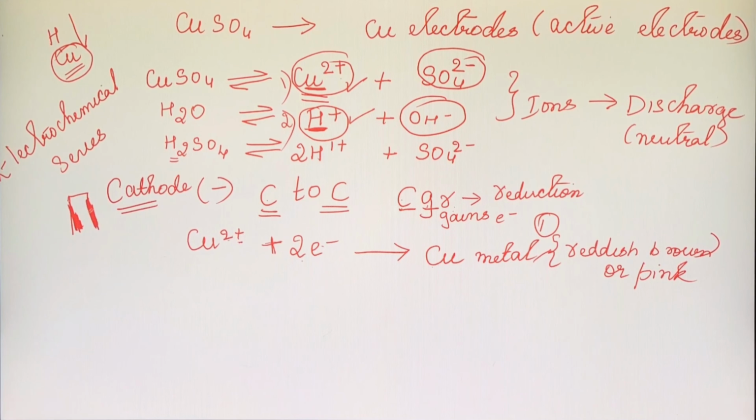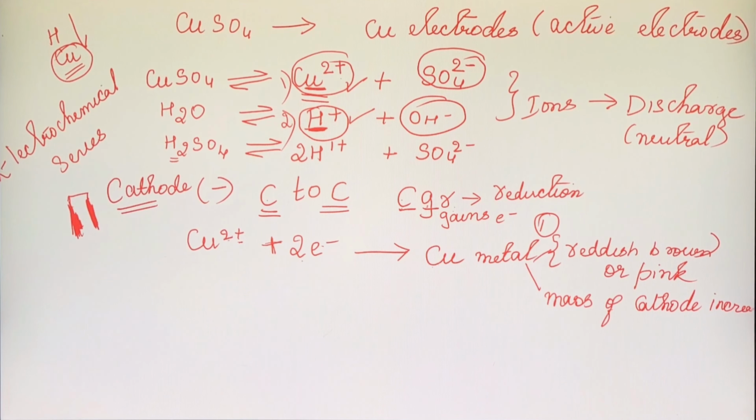Also, can you see, when this copper metal is coming and depositing at my cathode slowly, what is happening to the thickness of the cathode? Can I say that the mass of the cathode increases? So this is a second important observation that you have to remember here.